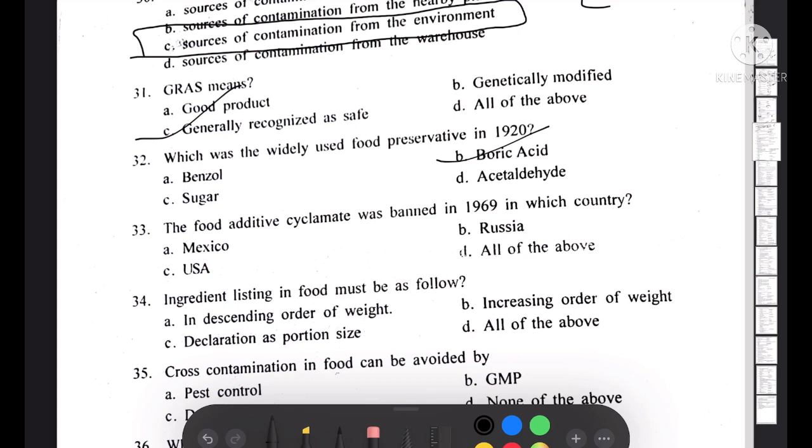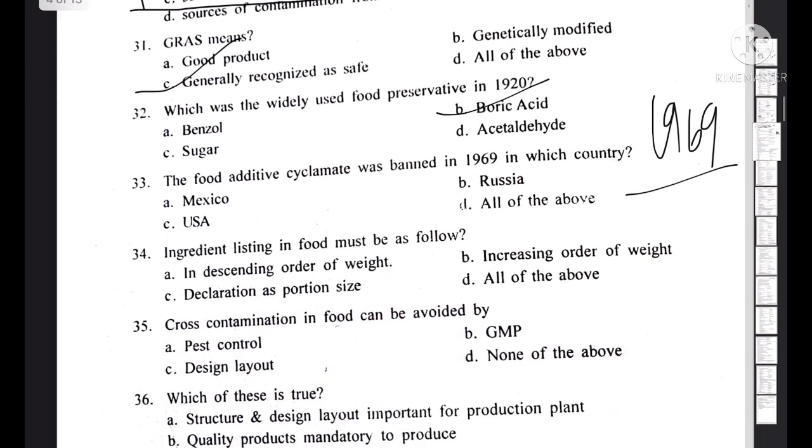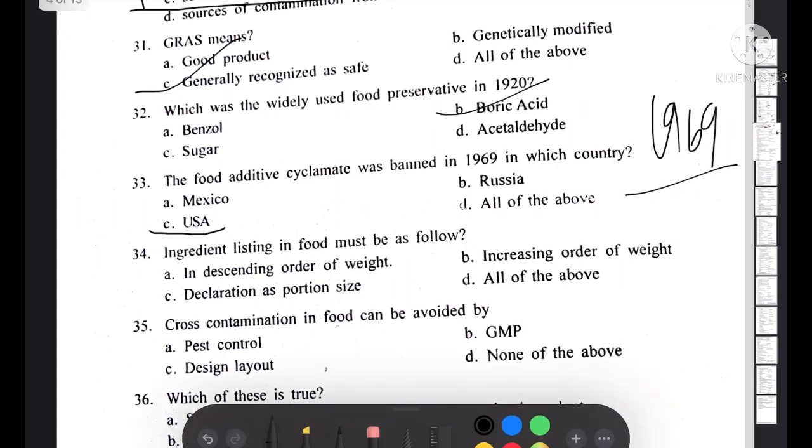Next, the food additive cyclamate was banned in 1969 in which country? The options are Mexico, Russia, USA, or all of the above. So the food additive cyclamate was banned in 1969 in USA. Okay, because the saccharin-cyclamate mixture was shown to cause cancer.